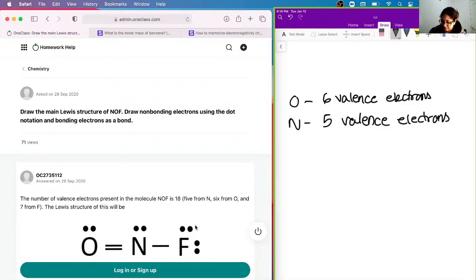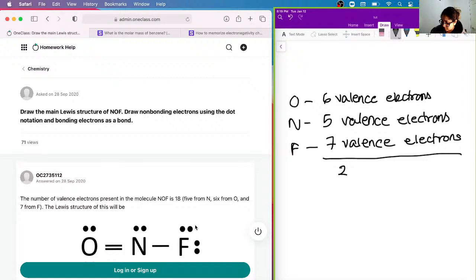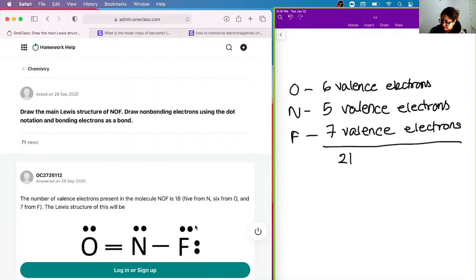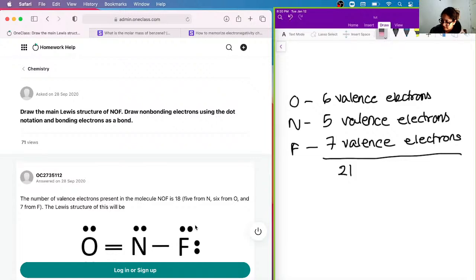And fluorine has 7 valence electrons. And so once you add these numbers, 6 plus 5 is 11, plus 7 is 18 electrons in total.